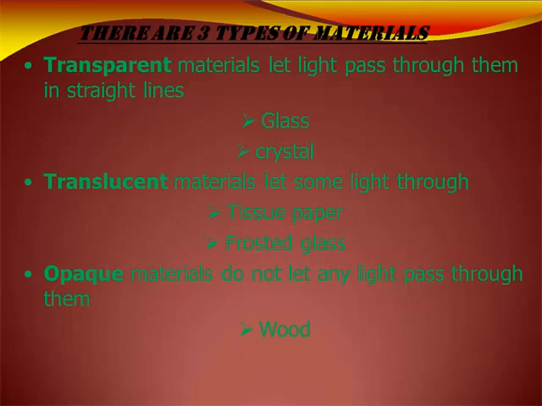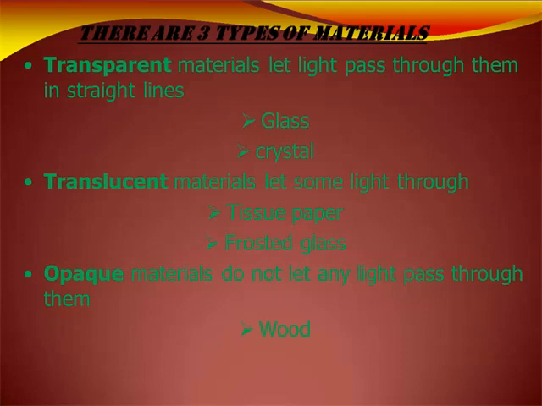Then we have translucent materials. They let some amount of light pass, partially, not completely. Some light is reflected or blocked, and some light passes through the translucent material. For example, tissue papers.